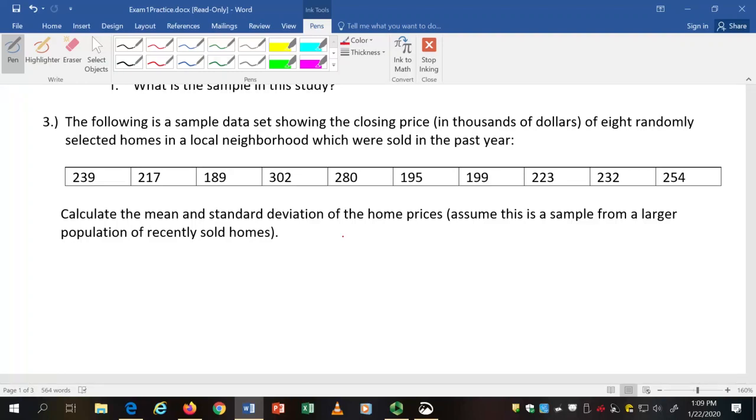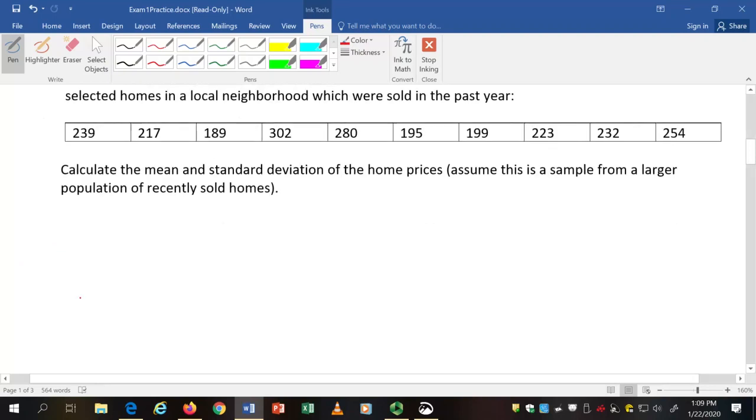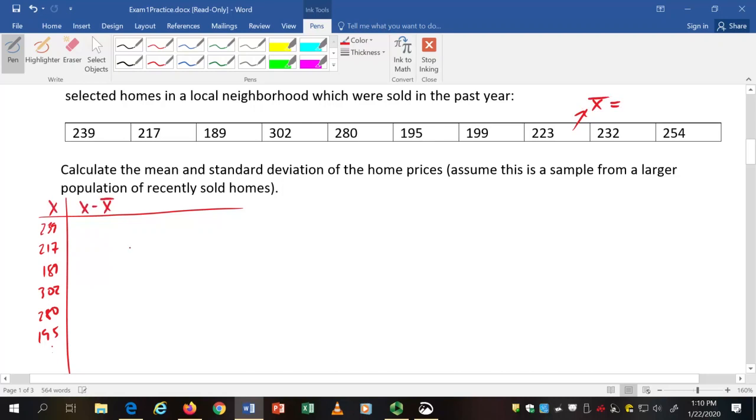How do you calculate standard deviation by hand? You could do it. It's not too bad. Remember, the way that goes is you just do a table, and you have all of these entries. First you have to get your mean, and then you have to go through and subtract the mean from all of them.